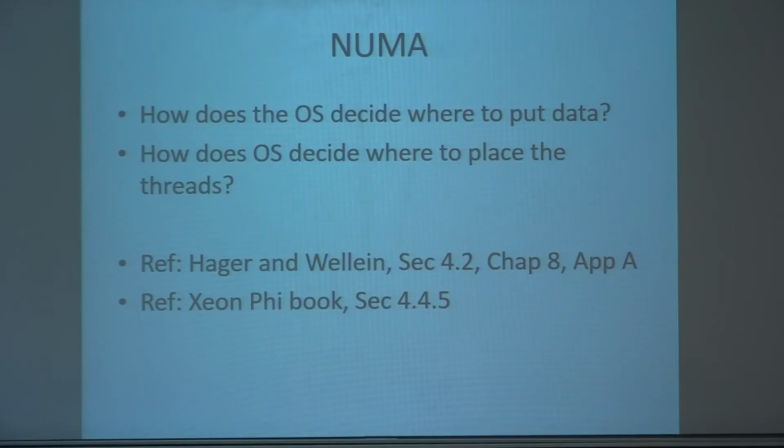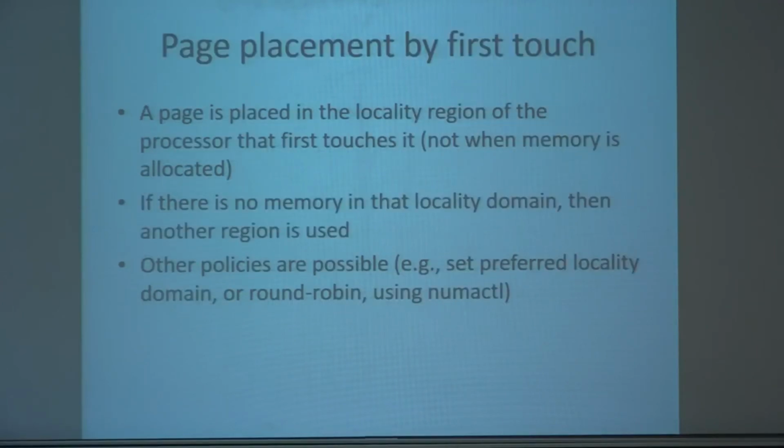Okay, so if you're writing a program, how do you know where your memory actually is? How does the operating system decide where to put your memory? Okay, so here's a couple of references for more details. But the idea to know is that memory is located by first touch.